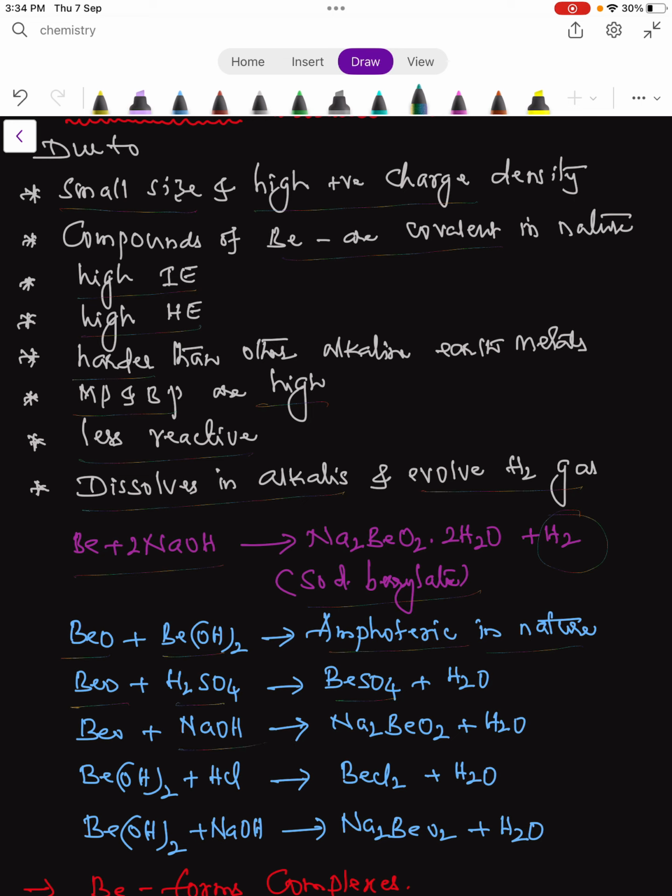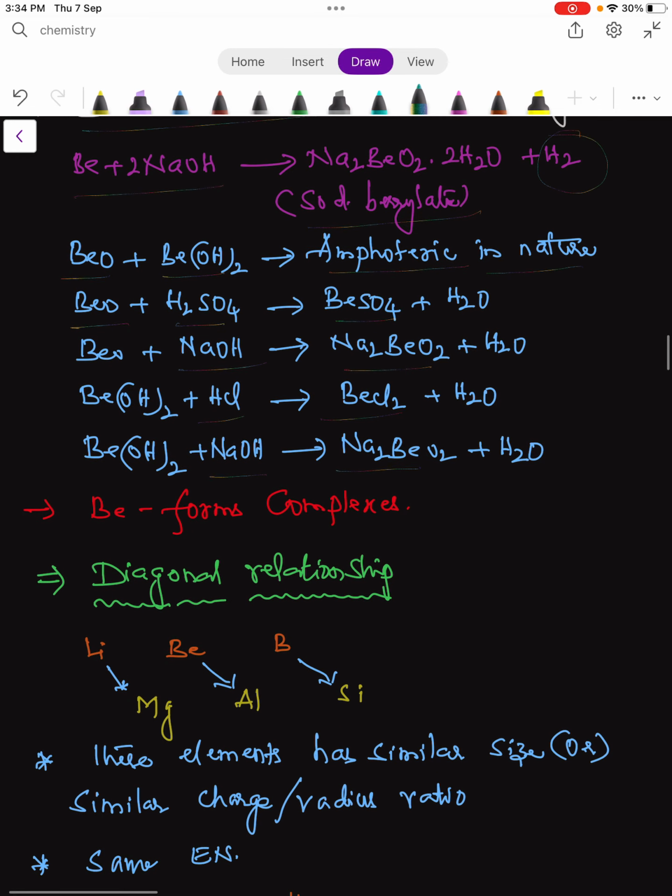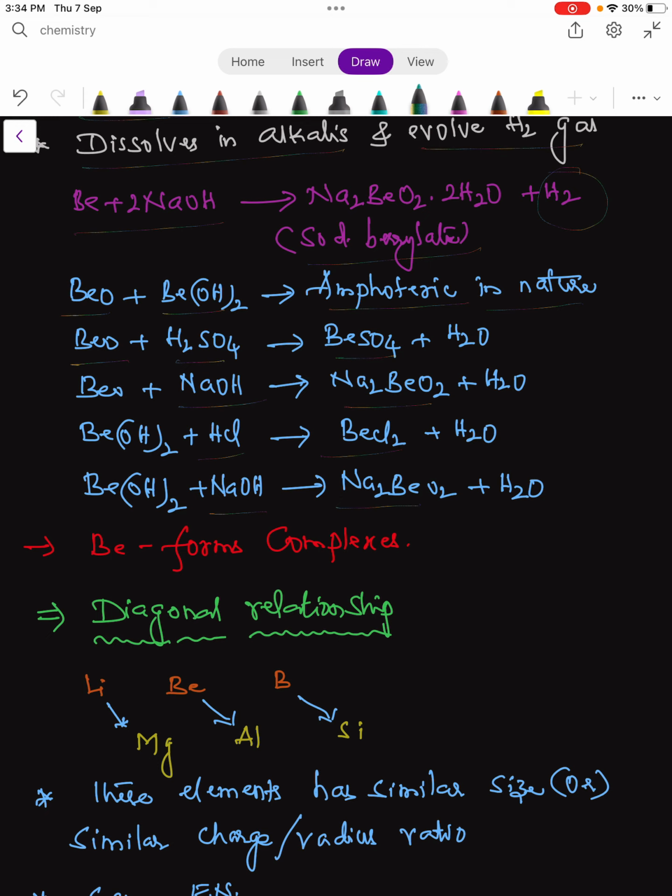With bases, sodium beryllates are formed, right? So beryllium hydroxide, when it reacts with acid, gives BeCl2, and with NaOH, Na2BeO2 is formed. That means beryllium is amphoteric in nature. That point we discussed here. So beryllium oxide and Be(OH)2 both are amphoteric in nature. That you can understand by these reactions.